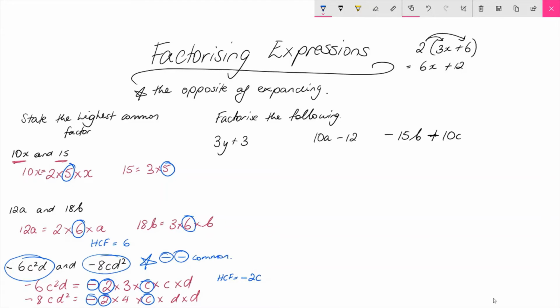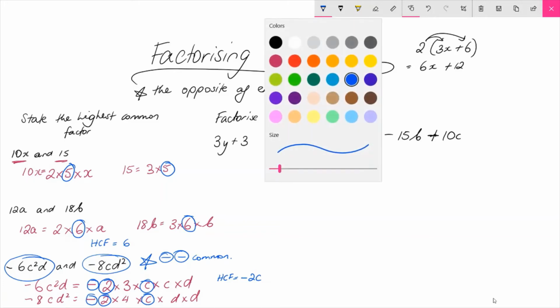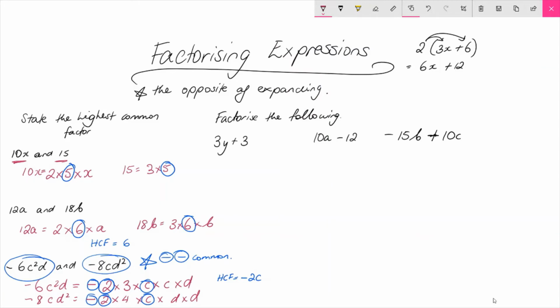Okay, now factorizing is about using that highest common factor, putting it out the front, and then figuring out what factors are left over that go inside the brackets. So let's have a look at this one here. I'm going to write it in full expanded form. So 3y plus 3, that's 3 times by y plus 3 times by 1.